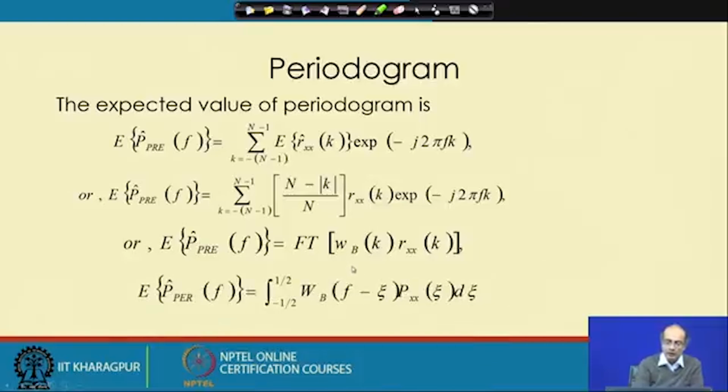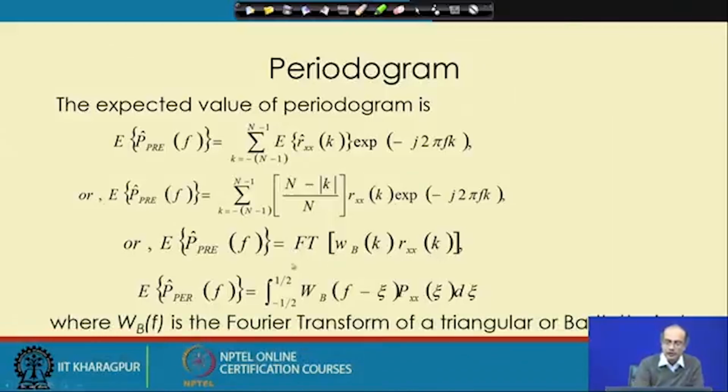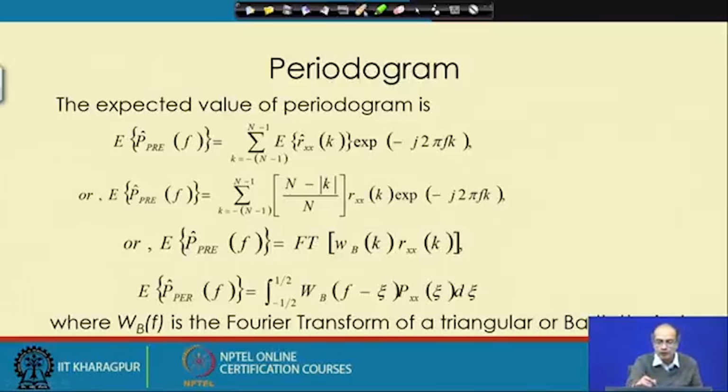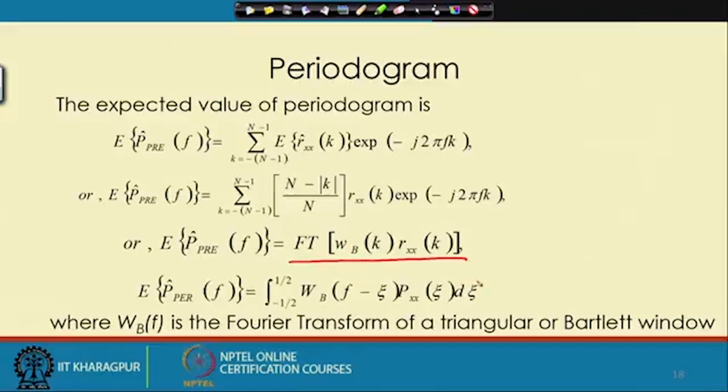and with the help of that we can write in the frequency domain for this term that from the Fourier transform, when we have the product of the two terms, they become convolution in the frequency domain.